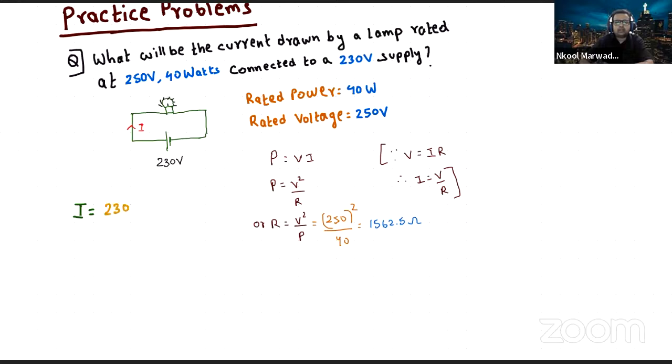R is the resistance of the circuit, 1562.5. So I is 0.1472. This is the answer.